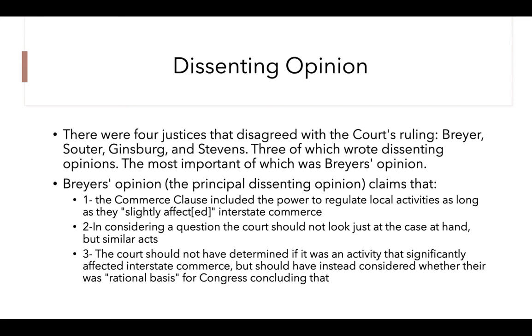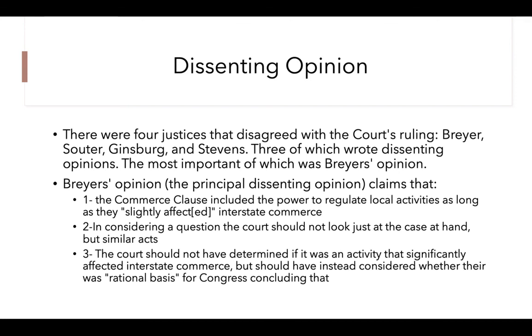Breyer is saying the court shouldn't be looking at the activity in which it possibly could affect interstate commerce, but it should have considered whether there was a rational basis for Congress concluding that. So was there a rational basis for Congress to create the Interstate Commerce Clause, but not just that, also to create the Gun Free School Zone Act for its actual intended purposes?